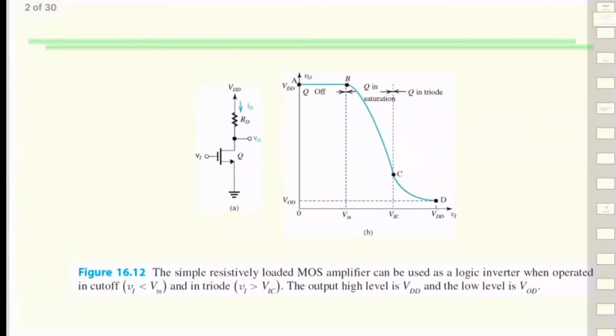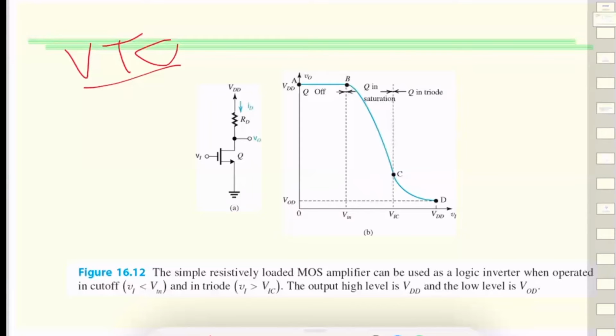transfer characteristics. The voltage transfer characteristics tell us how the inverter would behave, and what would be the function of various input voltages on the output voltage.